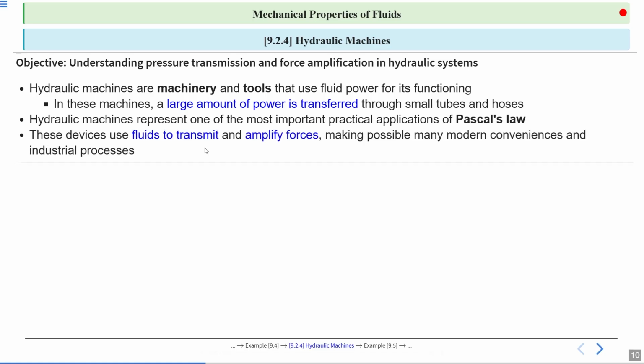These devices use fluids to transmit and amplify forces, which is essential for many modern conveniences and industrial processes. Alright, so think about how this technology allows for the smooth operation of elevators or the precise control of robotic arms.